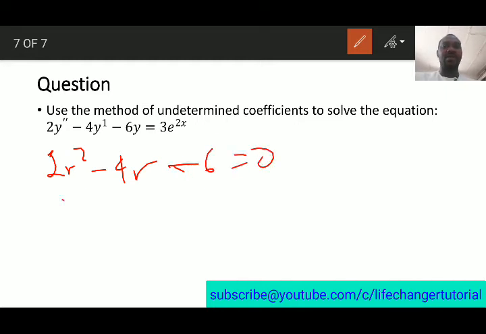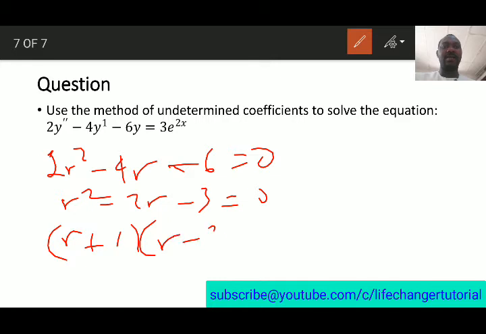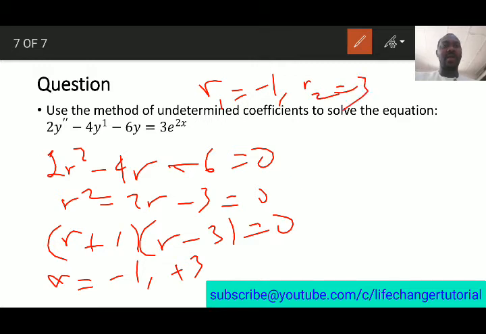We can choose to divide through by 2 to get r squared minus 2r minus 3 is equal to 0, which we can factorize as r plus 1 and r minus 3 equal to 0. So that means r is equal to minus 1 and 3. Or you can say that your r1 is minus 1 and your r2 is 3. So what does that mean?